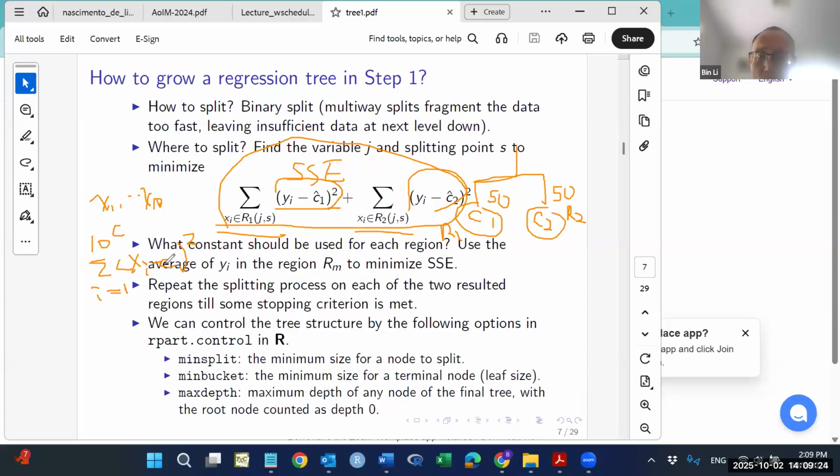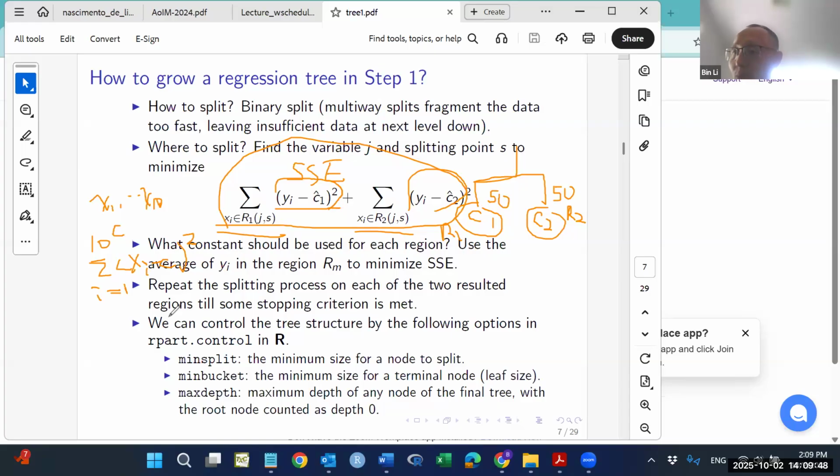So what is the constant C that minimizes the sum of squared errors? That's (xi minus C) squared, summed over all 10. What is that constant C? I think the simplest way is to do what? To take the first order derivative, right?